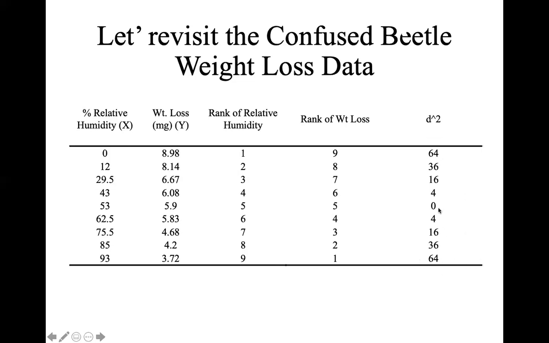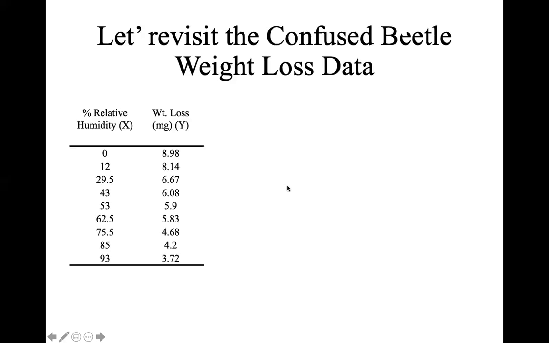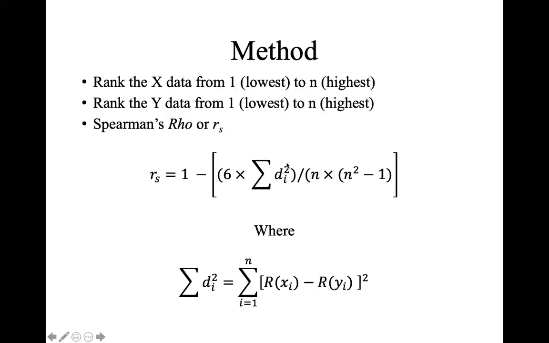Once you have that all done, you sum the squared differences, and then you plug that sum of squared differences into this equation right here. You would multiply it times 6. You would divide that product by n times n squared minus 1.